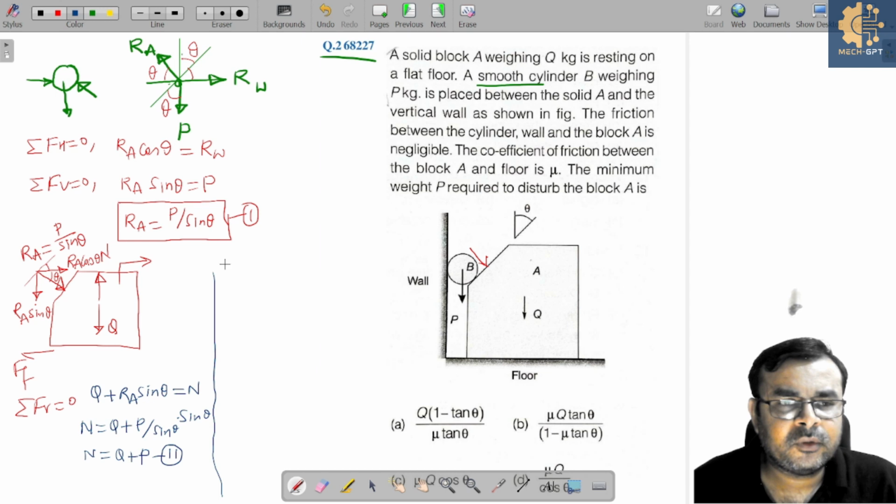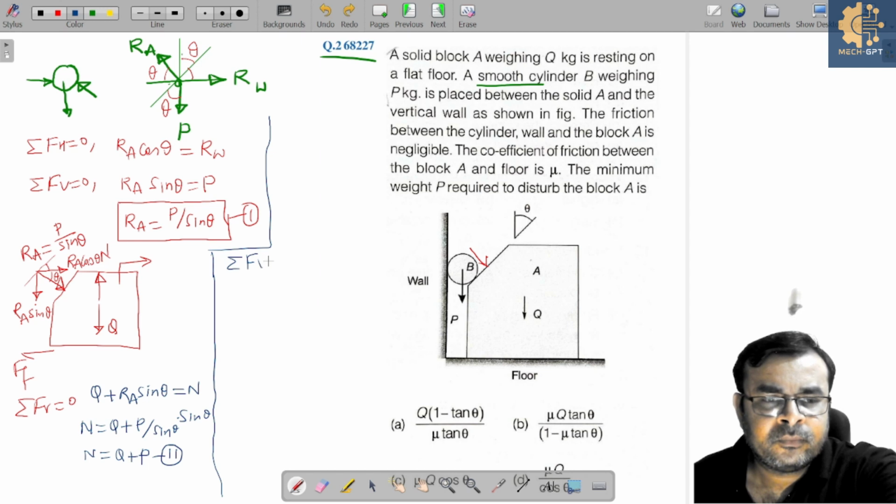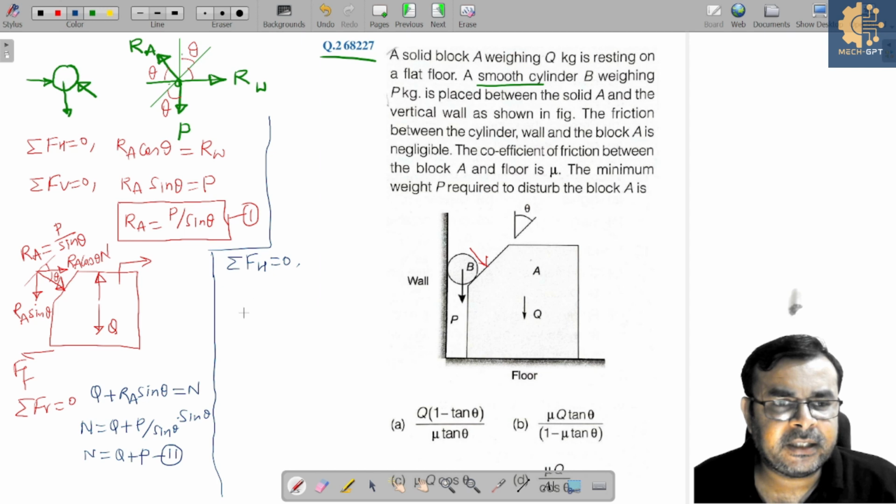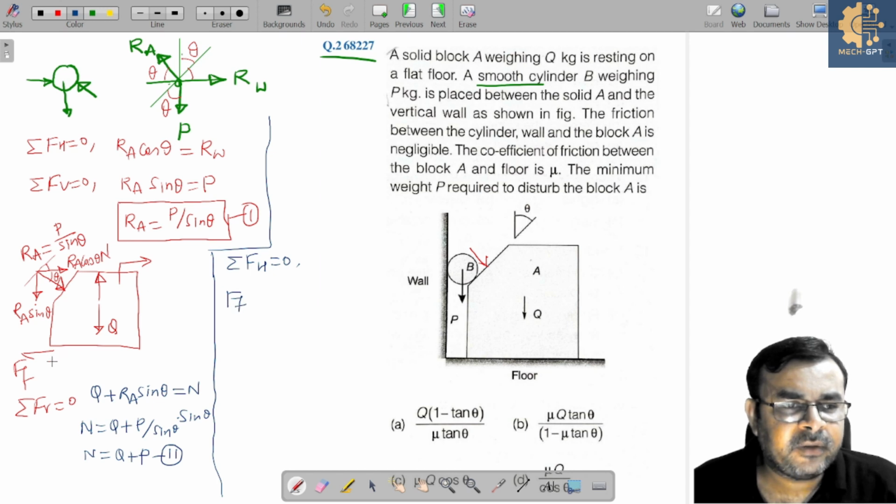Okay, so now next we need to write summation of horizontal force is equal to 0. So horizontal force is nothing but, you can say here, friction force is acting like this, and friction force and this Ra cos theta are acting in opposite direction, yes or no?